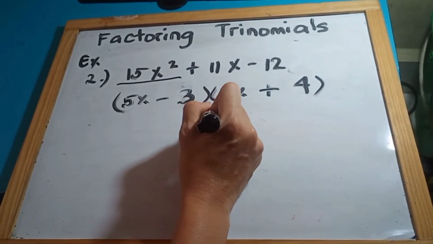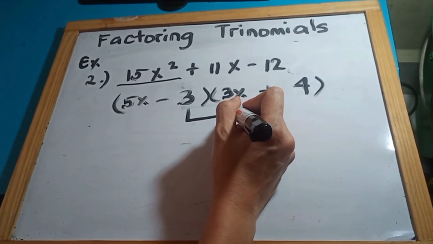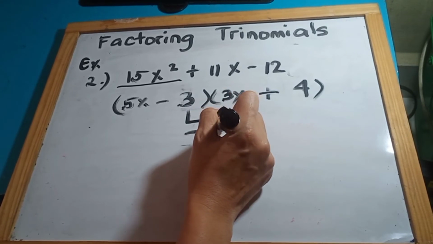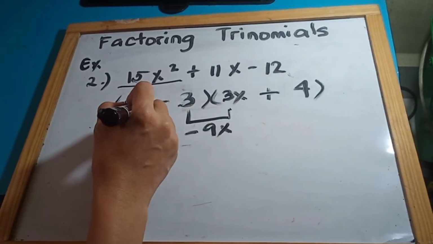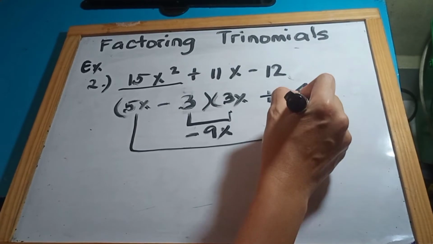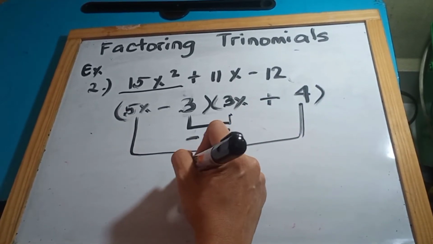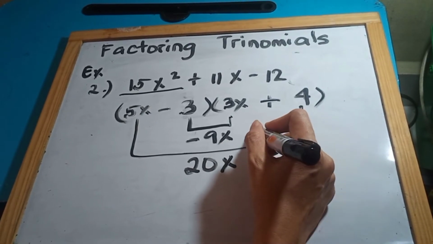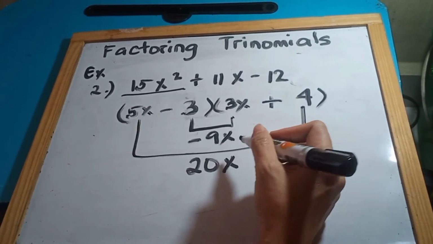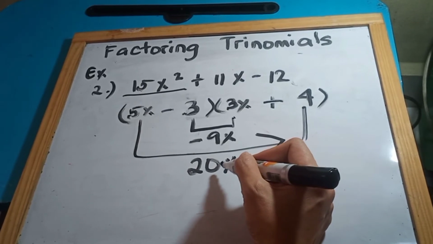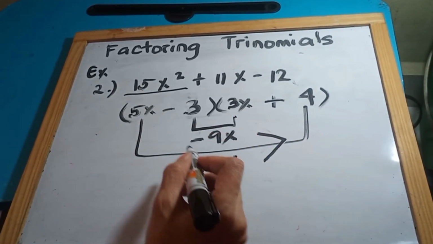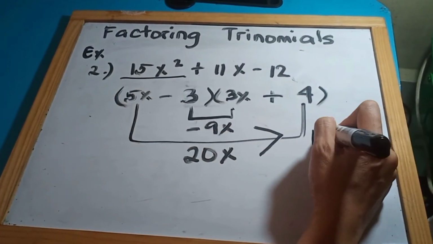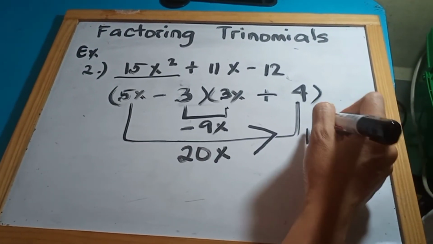So, negative 3 times 3x, this is negative 9x. And then 5x times 4, that is 20x. So, 9x and 20x, pag pinag-combine natin sila, since magkaiba yung sign nila, ima-minus natin. 20 minus 9, that is 11x.